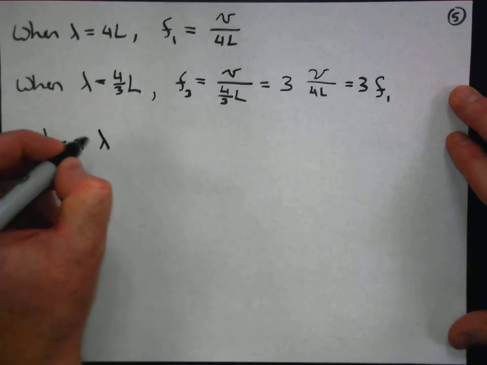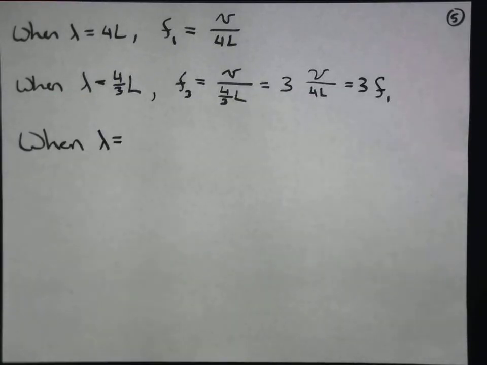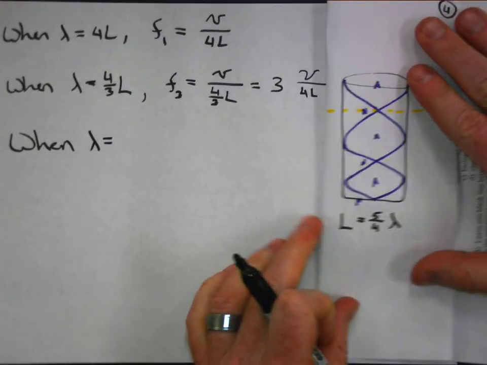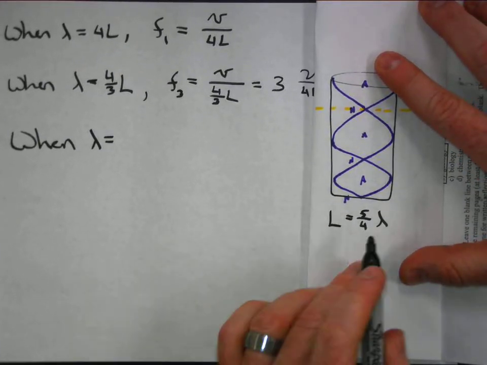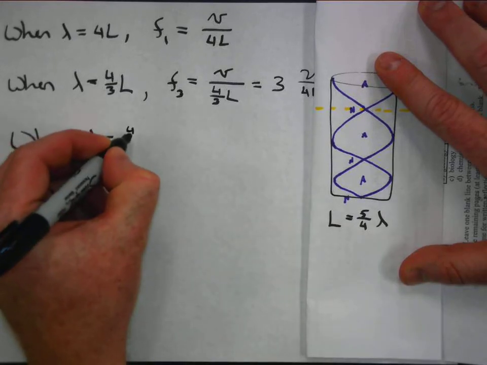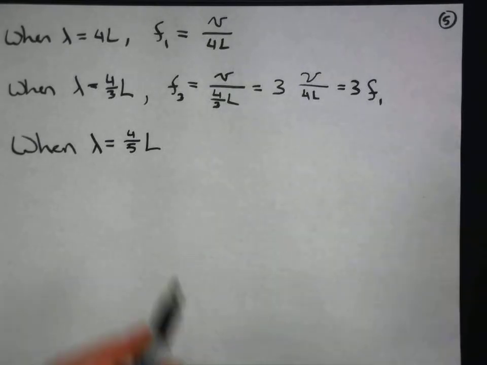So when lambda, the wavelength, is equal to, so this final one here, I'm going to flip that. Wavelength will be 4/5 the length of the column of air.